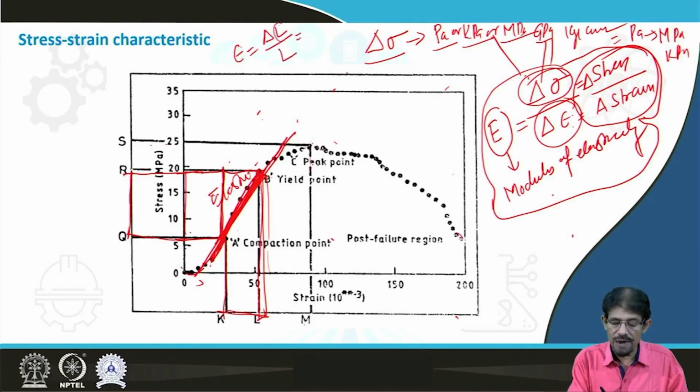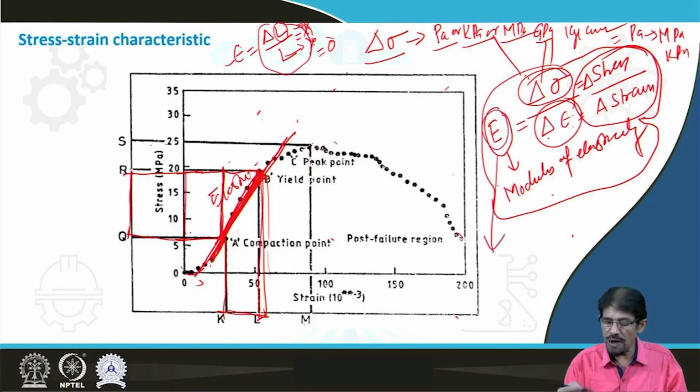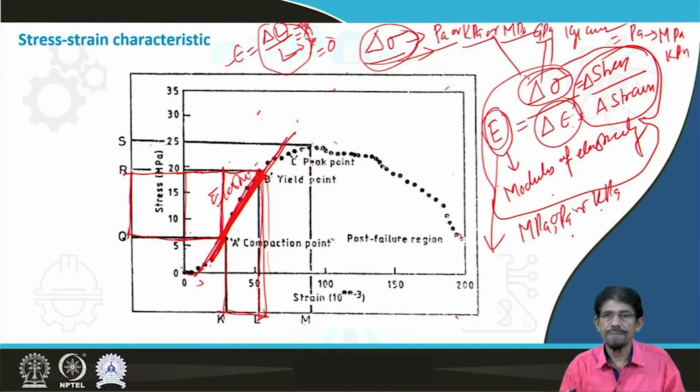Here the dimension is L, also dimension is L, and therefore L divided by L becomes 0. It means the strain is dimensionless. Therefore, the unit of the modulus of elasticity is also same as we are going to note in case of the stress. So the unit is also MPa or Pa or kPa or kg per cm square.